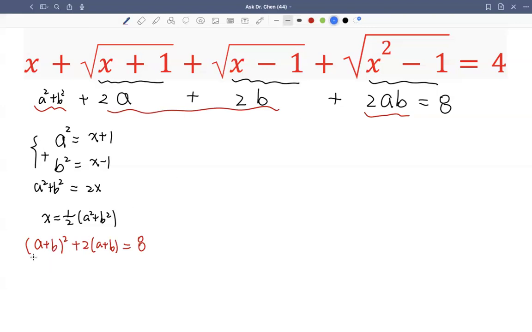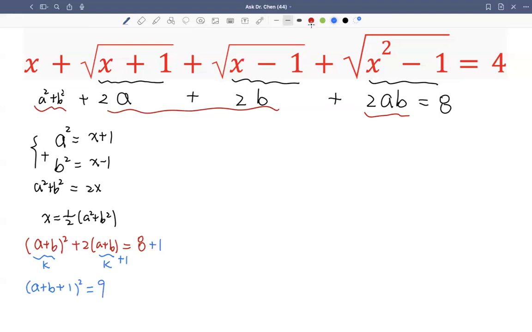If we're treating a plus b as one term, let's think of it as k. Then k squared plus 2k, if we add 1, we have to add 1 on both sides, to make another perfect square. So we make k plus 1 squared. Well, k is a plus b, so we make a plus b plus 1 squared, that equals 9.